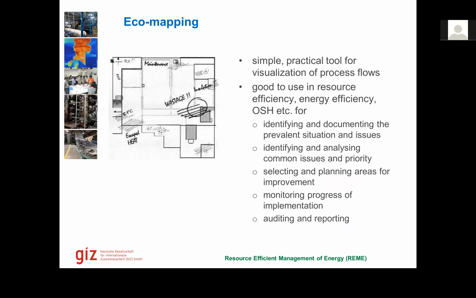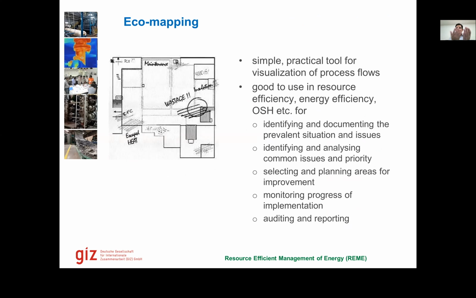So I suggest that we make an eco map for one particular issue rather than combining all the issues together into one eco map. So if we are making an eco map for energy, we do it only for energy. We do not include material loss or chemical spillages or water spillages in it. So if we develop for water, then we only talk about water and we don't talk about energy.